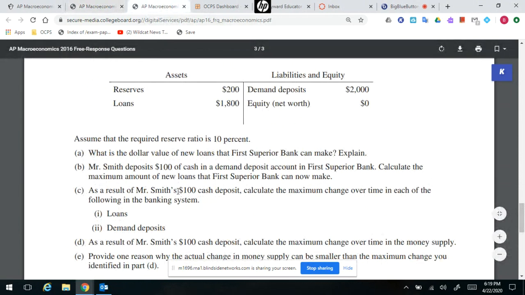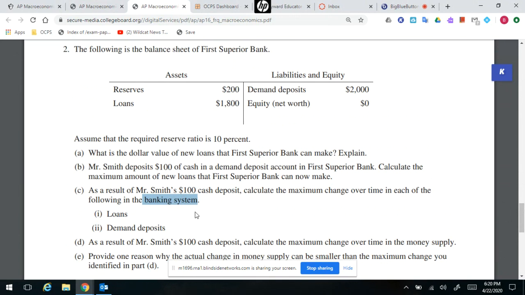As a result of Mr. Smith's $100 cash deposit, calculate the maximum change over time in each of the following in the banking system: loans and then demand deposits. Okay, so loans. Whenever you see that phrase, banking system, that's your clue to use the formula. They're not talking about one bank.